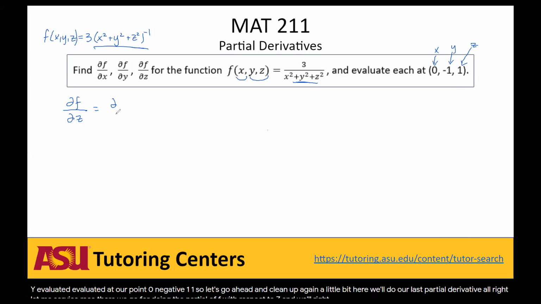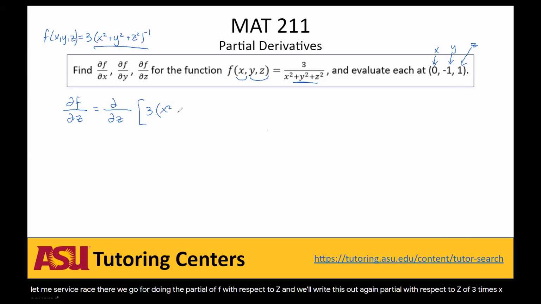And we'll write this out again. Partial with respect to z of three times x squared plus y squared plus z squared to our negative 1 exponent. There we go. It's the same process as before.